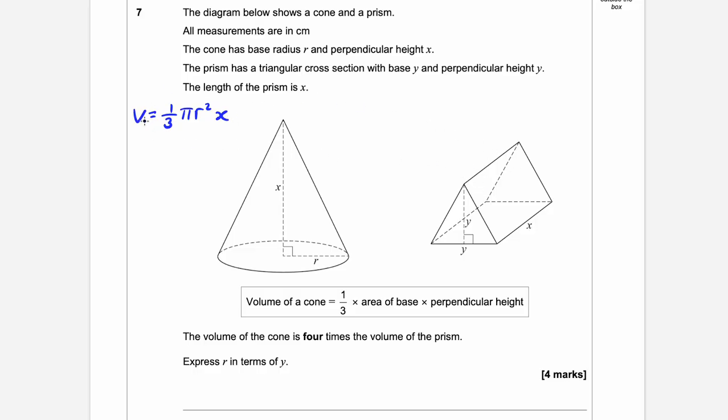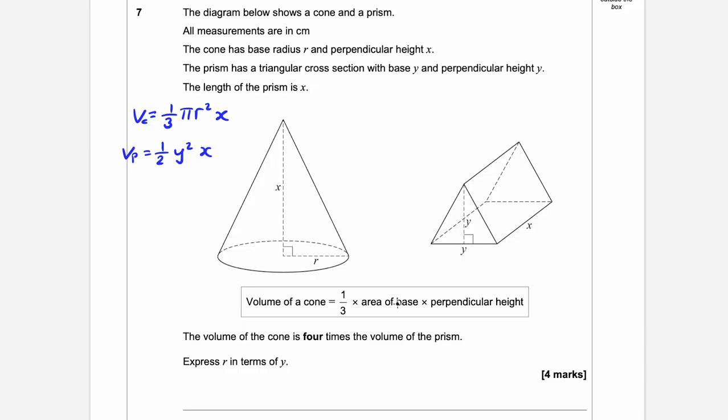Volume of the cone, and this will be volume of the prism. This is equal to area times length. The area is a half base times height, so it's a half y times y, which is y squared over 2, times x.